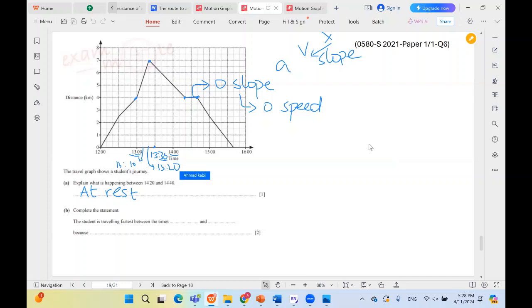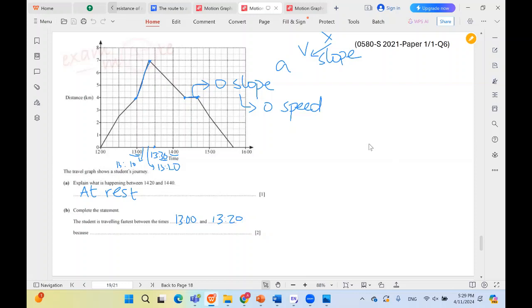So between 13 and 1320 is the section we're looking for. We can write 1300 and 1320. And how do we know this? How do you know that this is when it's traveling fastest?